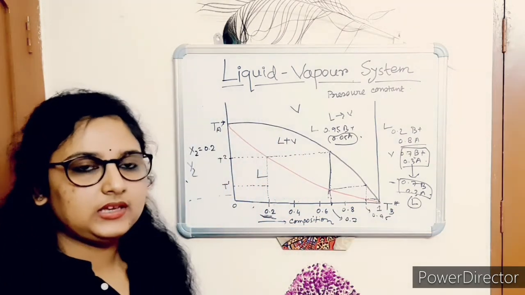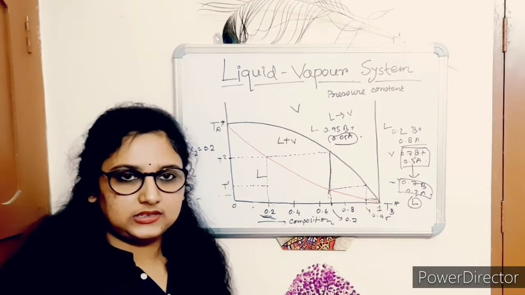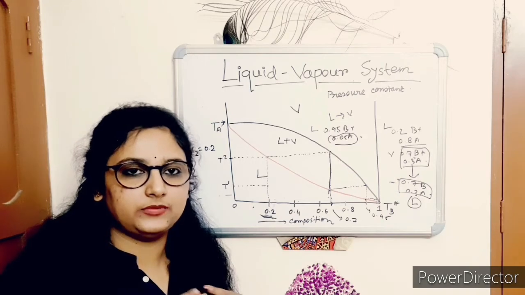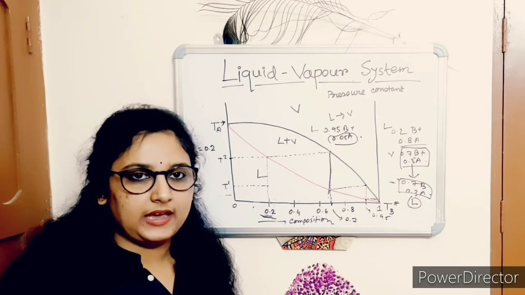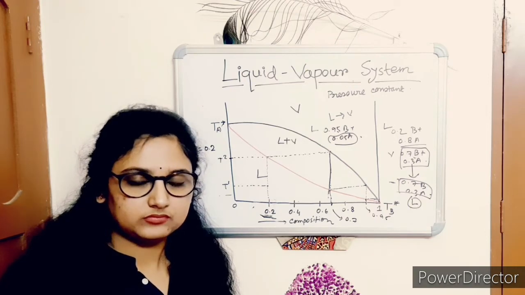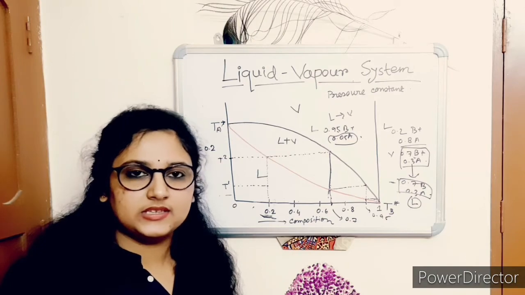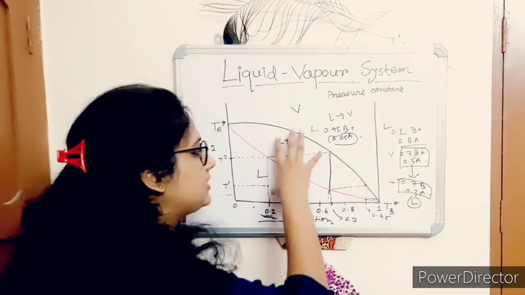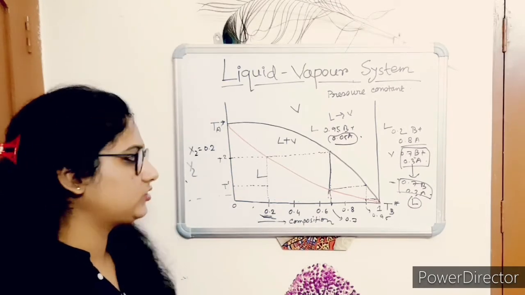By repeating this process, collecting the vapor, condensing it into the liquid state, and vaporizing it again, you can separate the miscible liquids from the system. Okay, actually this is the mechanism of the distillation process.